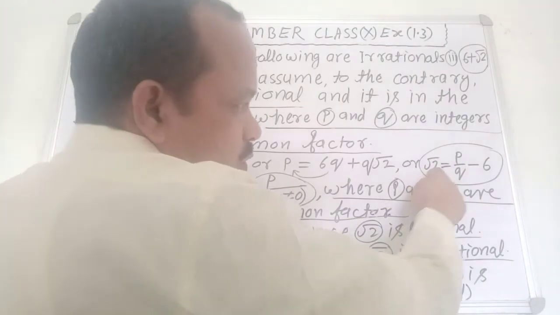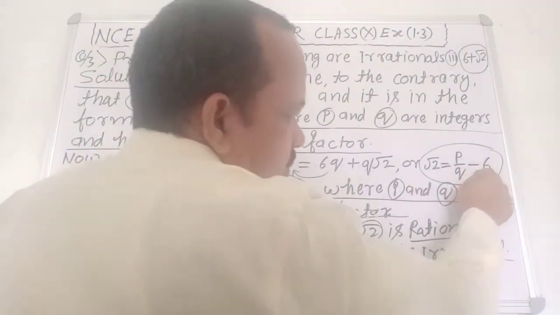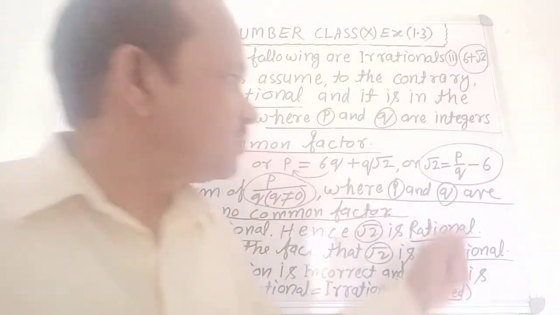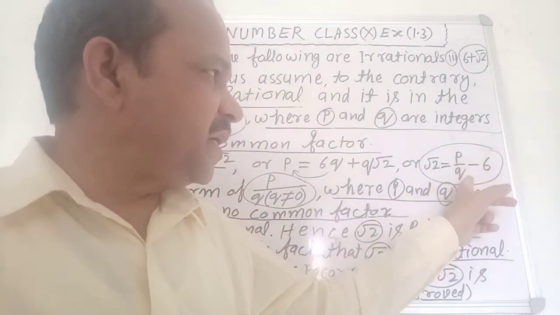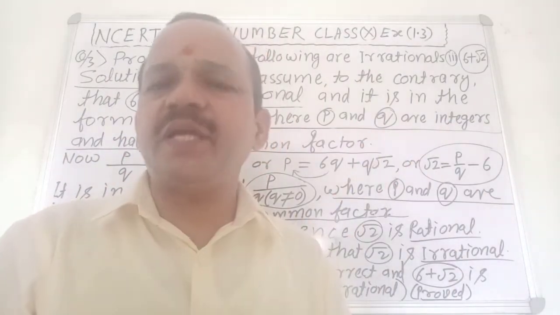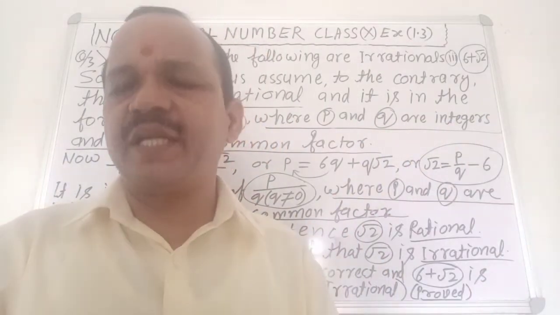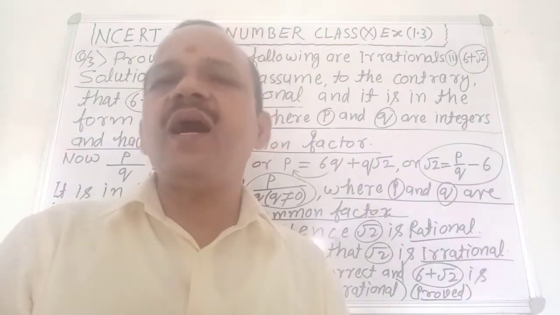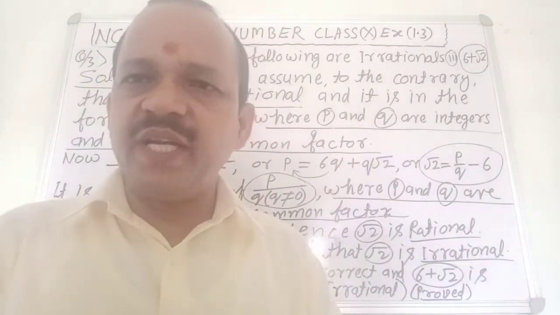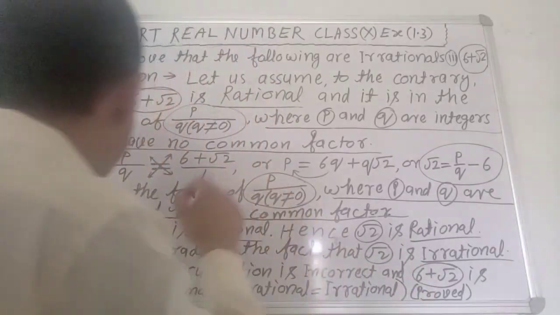Or root 2 equals p by q minus 6. It means you find root 2 equals p by q minus 6. It is in the form of p by q, where p and q are integers and q not equal to 0. Clear? No confusion about it? Very good. See the board.